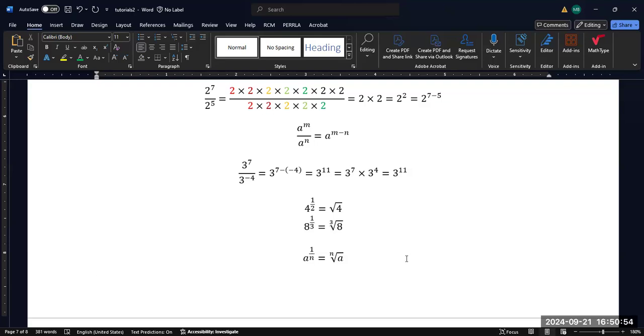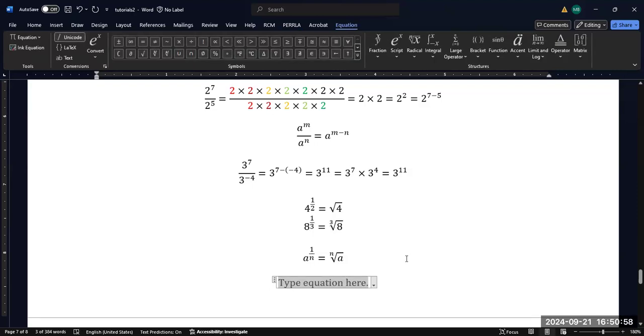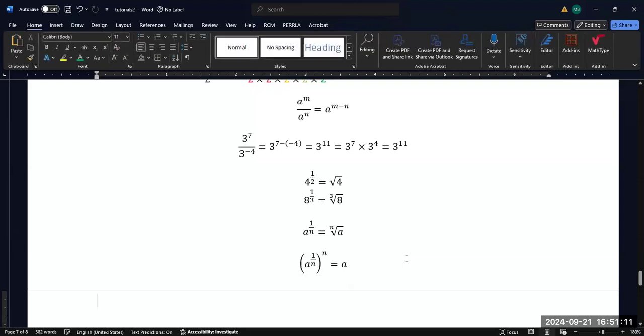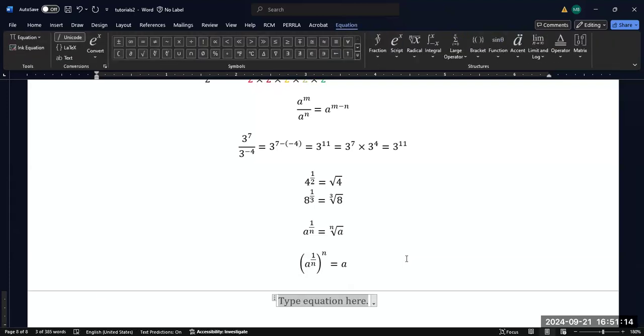All right, so that brings us to this general idea that a to the 1 over n raised to the n is going to be a, which is the same way of saying that the nth root of a to the n, or a to the n, the nth root raised to the n power, again, the operations don't really make any difference, they cancel.